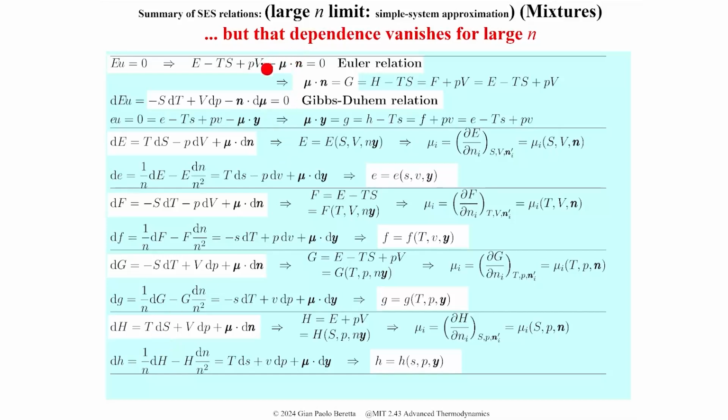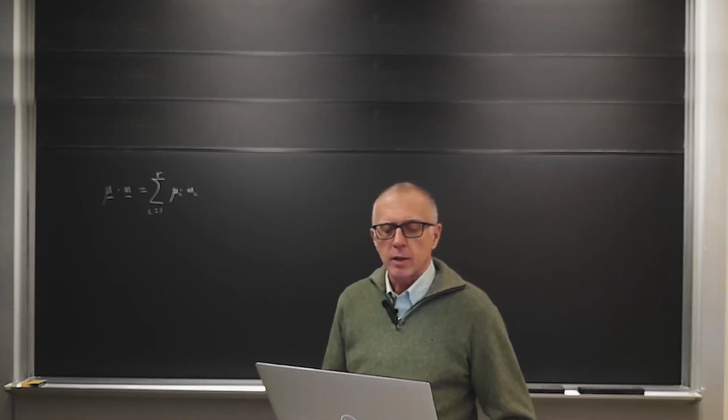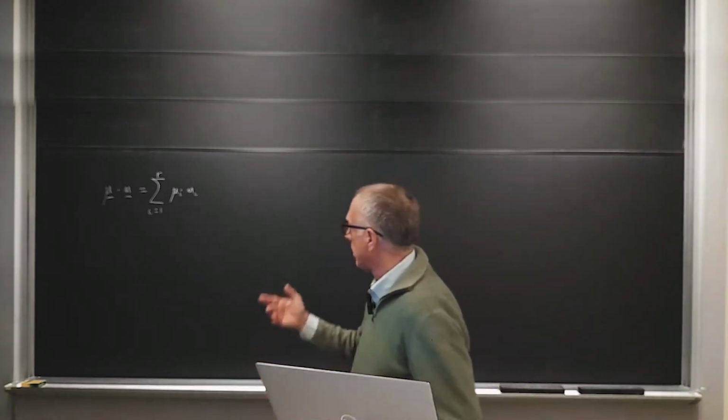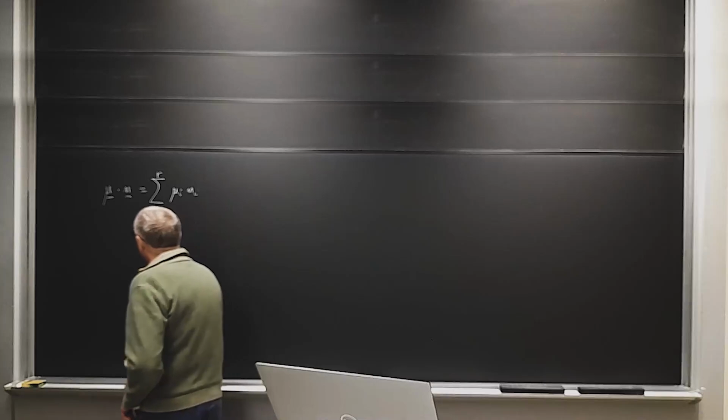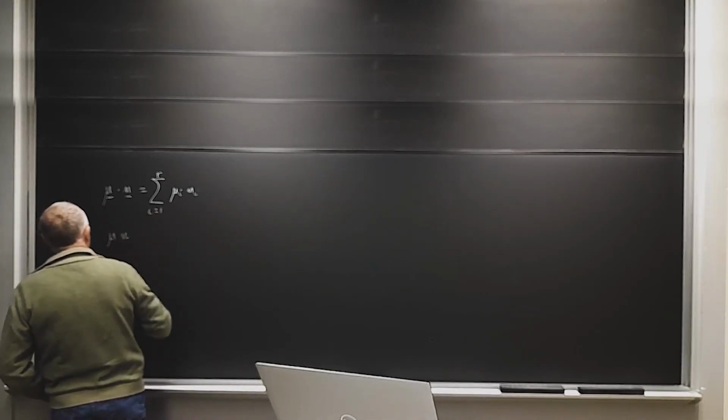Now, of course, this is that summation. But when we have a single substance, a pure substance, we have this same set of equations. This is valid in general, including small systems. It's the same as two slides before, only that we've written this as simply mu and N, only one substance.